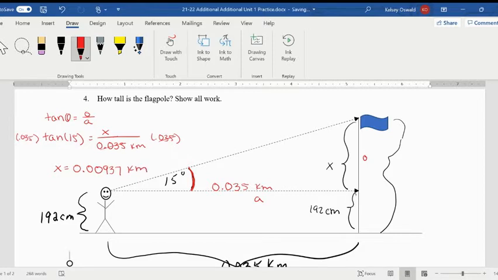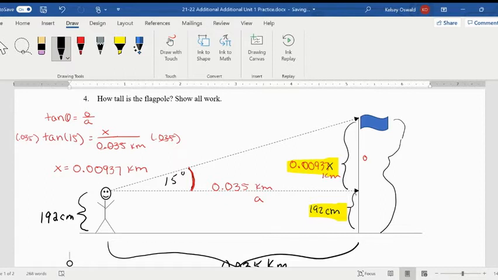So the height from the person to the flag is 0.00937 kilometers. So if we want the total height, we're going to want to add these 2 individual heights together. However, we're going to notice that they're in different units. So before we can add them, we need to get them to the same unit.